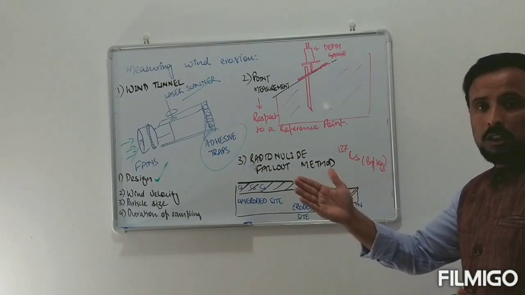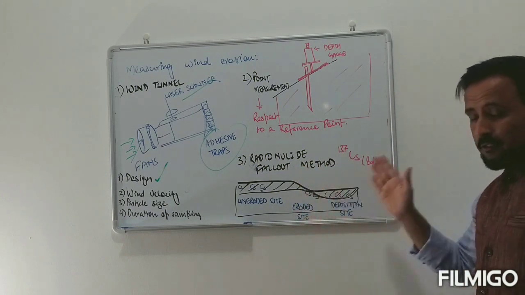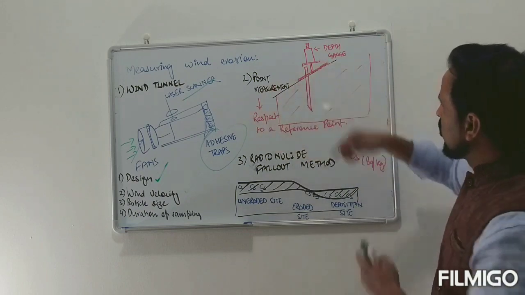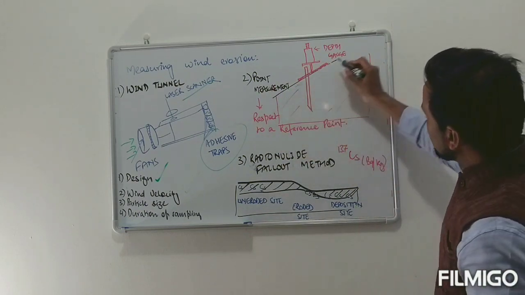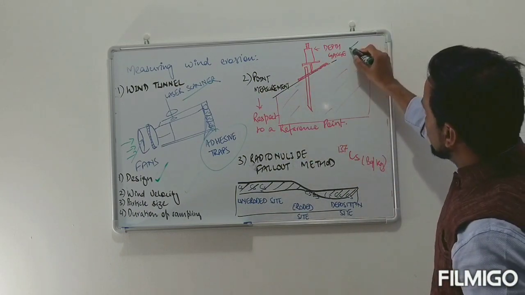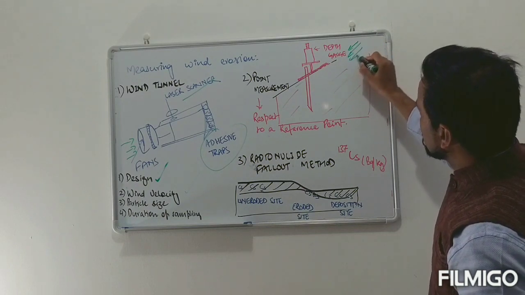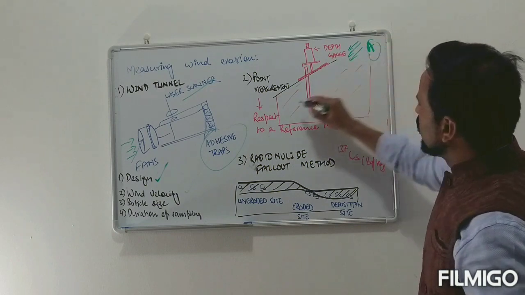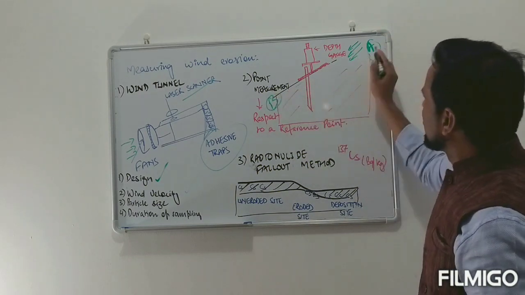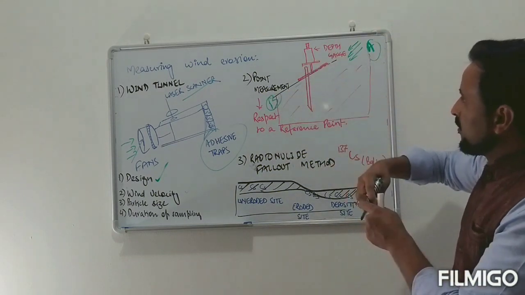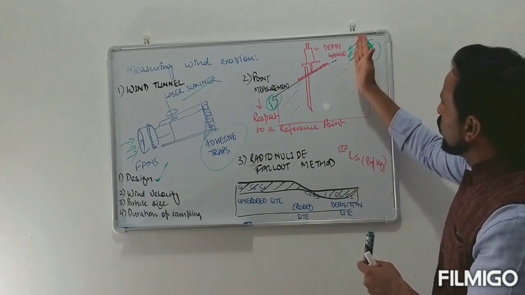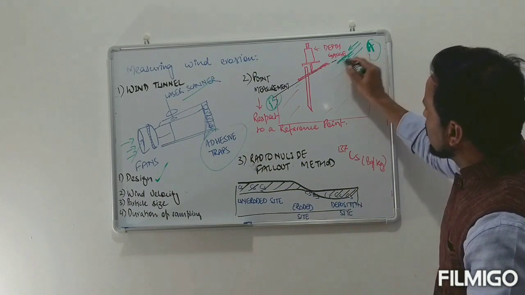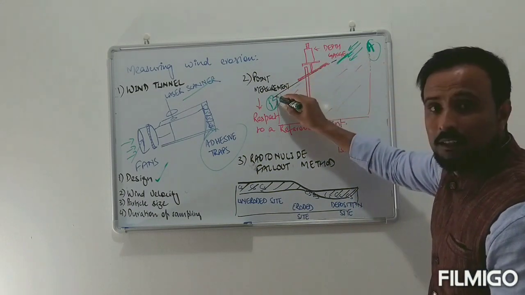When the wind moves from this direction to this direction, suppose this is the soil surface and wind is moving in this direction, particles will move from side A to side B, right? So the surface will lose soil particles from this particular place, and will accumulate here, right?